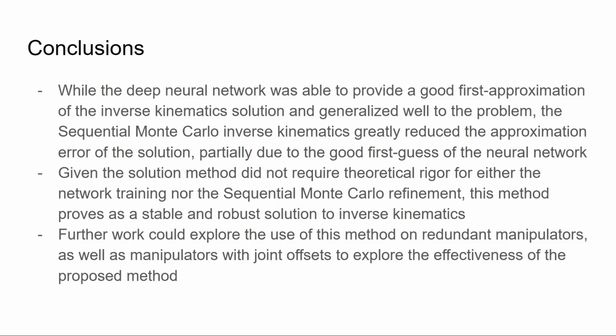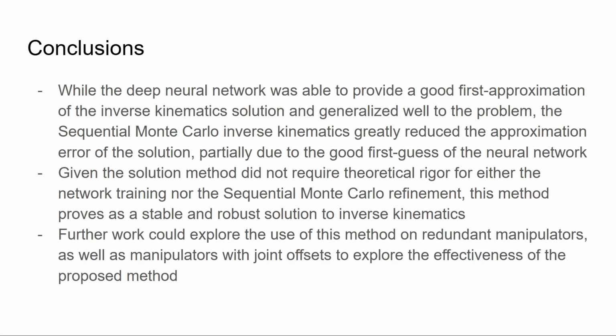In conclusion, while deep neural networks are capable of adequately approximating the inverse kinematics of 6-degree of freedom and planar manipulators, sequential Monte Carlo refinement greatly reduces the approximation error, partially due to the good first guess from the deep neural networks.